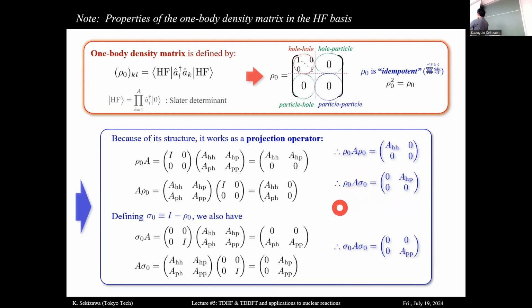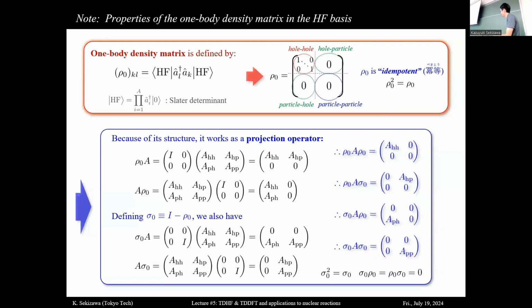In the same way, rho sigma takes the hole-particle component, and sigma rho takes the particle-hole component. Again, sigma squared is sigma, and since these are projection operators, the product of sigma rho and rho sigma is 0.